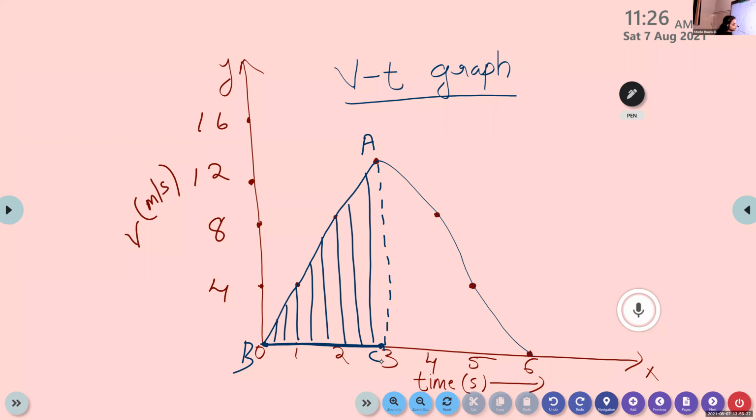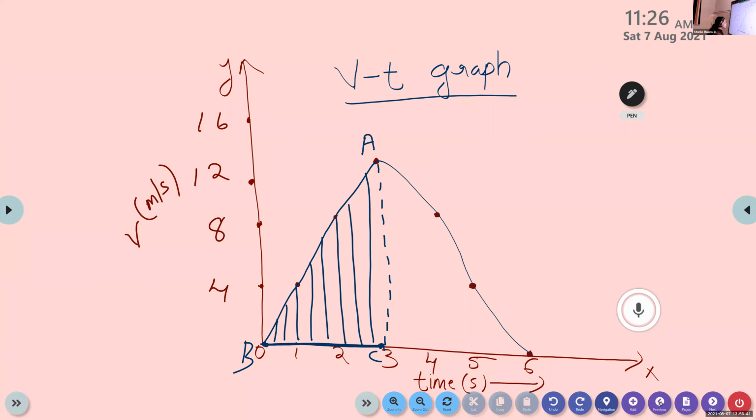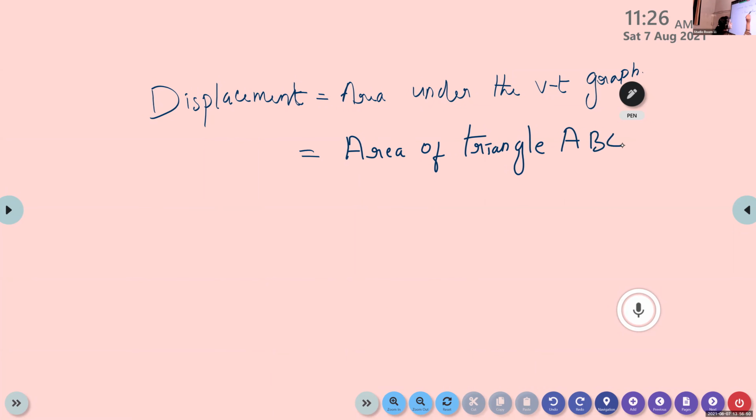So that is equal to the area of triangle. You can give any name, ABC or CAB, anything. Area of triangle ABC. The equation for calculating the area of a triangle is half into base into height.